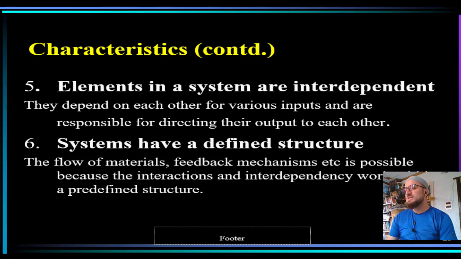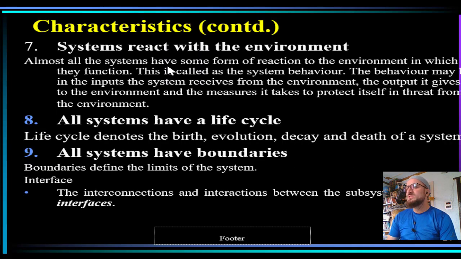And then your system interacts with the environment, wherein either they take inputs or they give outputs. For example, I told you car manufacturing. So people may come to get your car, and the cars will be sold to the people also. Okay, and all systems have a life cycle, that is the birth, evolution, decay, death of a system and all that. And all systems have boundaries.